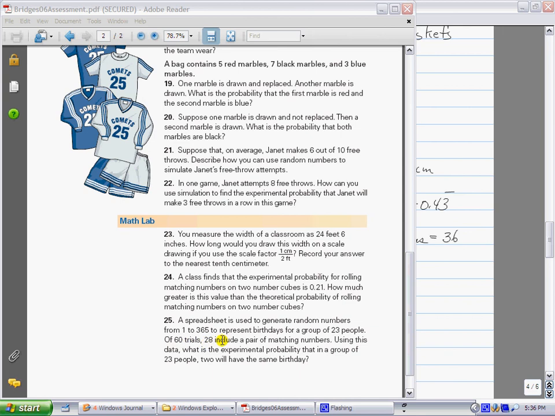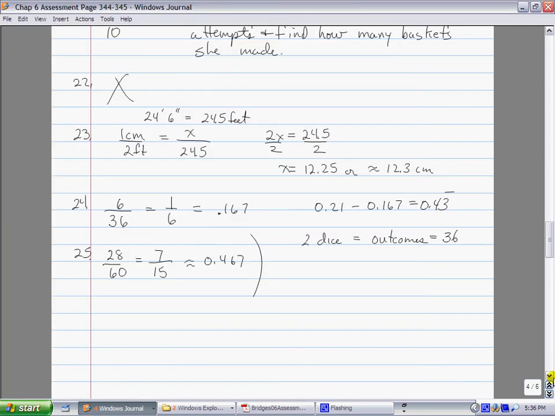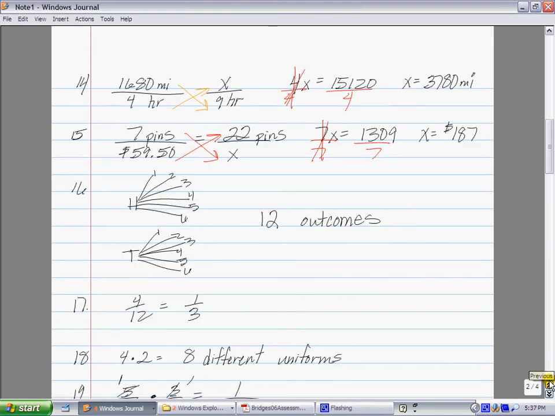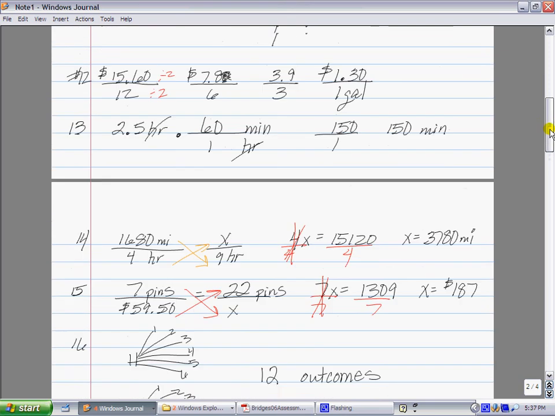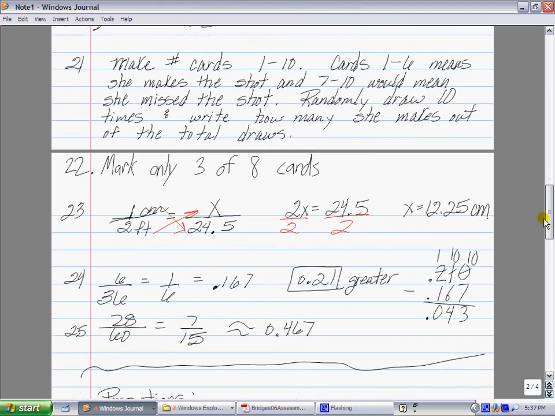Simply take the probability, which is 28 out of 60, and that reduces down to 7 out of 15. And if I wanted to put that into decimal form, it would be 0.467. So the experimental probability of 2 people having the same birthday would be 7 out of 15. And that's the end of our review out of the book for the Chapter 6 assessment.